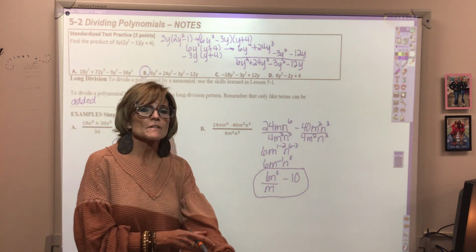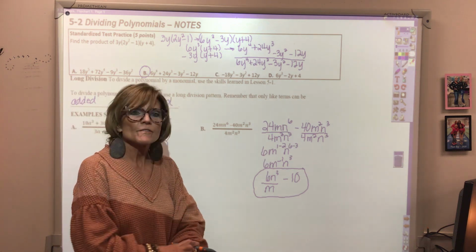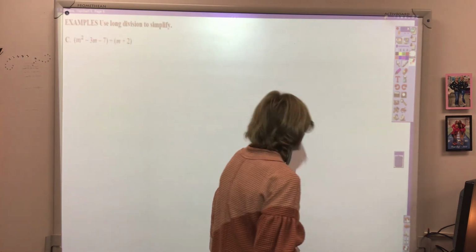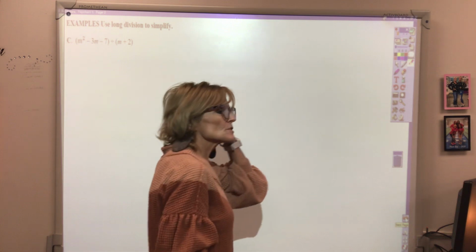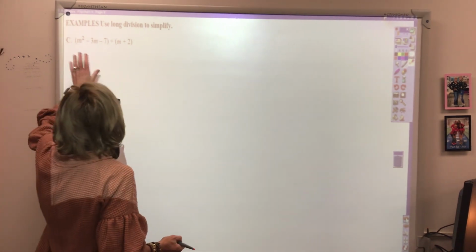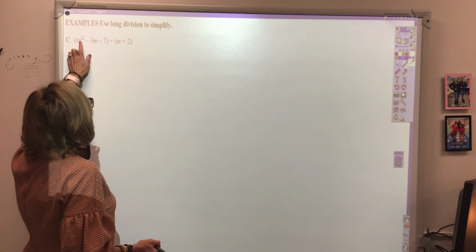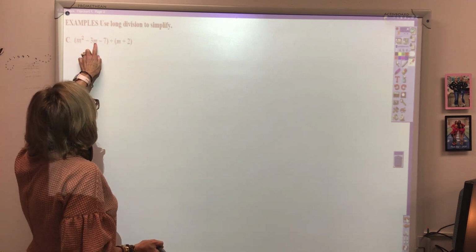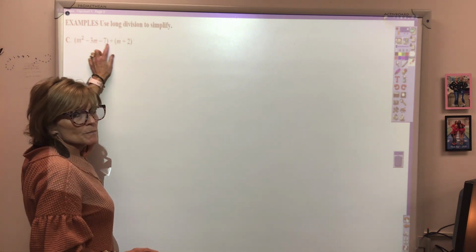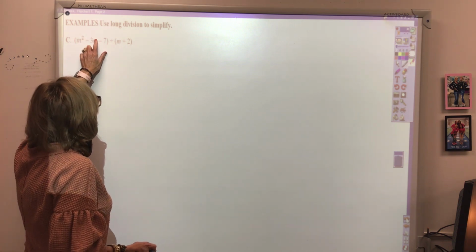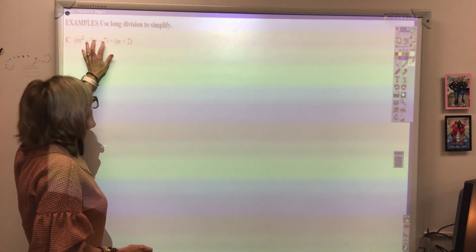Now we'll do a few examples, I think 3, of long division. So what you do is you want to first look at what is going to be divided, and make sure that your powers go down in descending order and you don't miss a power. So this is 2, and this is 1, and this is none, so that's good.